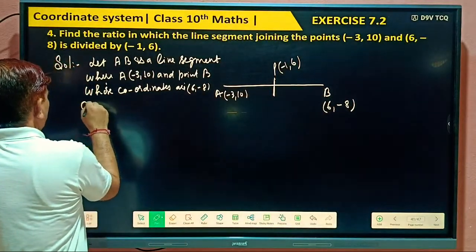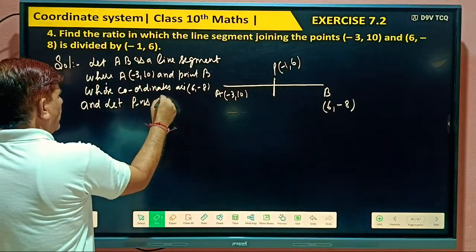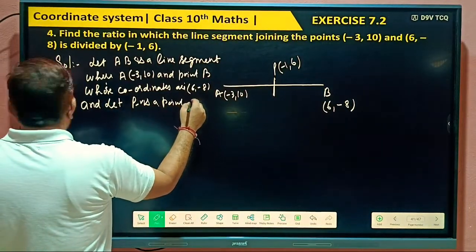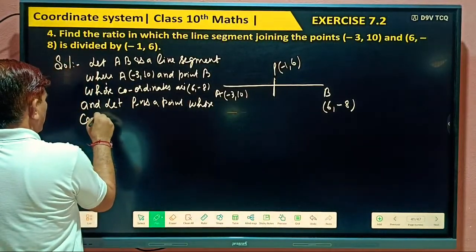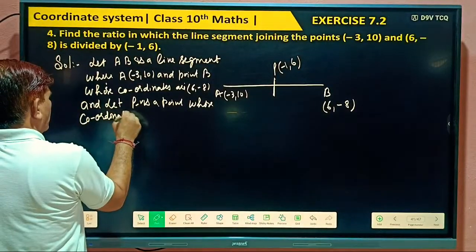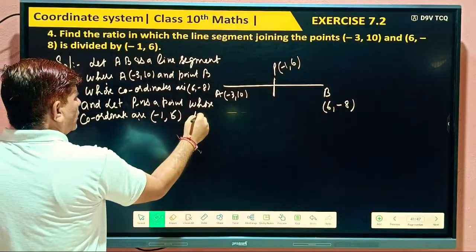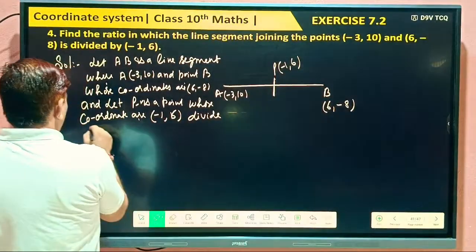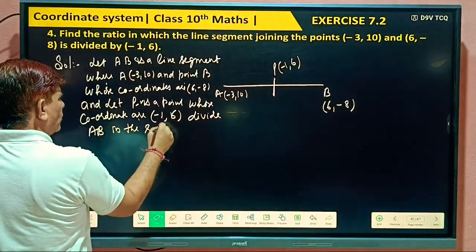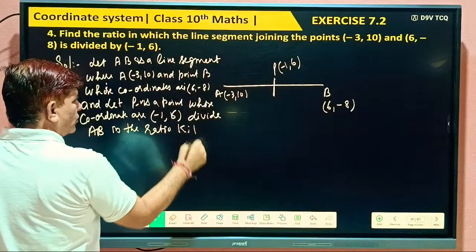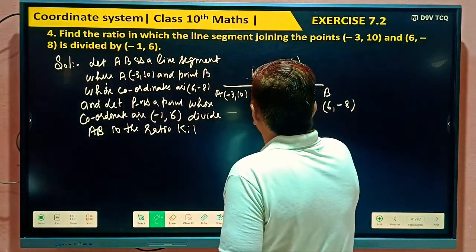And let P be a point whose coordinates are -1 and 6, dividing AB in the ratio k:1. This is k, this is 1.